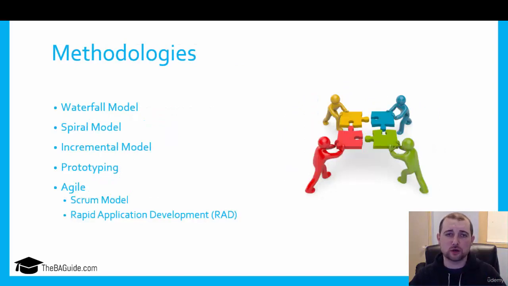So some of the methodologies we're going to talk about are the waterfall methodology, spiral methodology, the incremental model, prototyping, and then two different agile methodologies, the Scrum model and the rapid application deployment, also known as RAD. So those are the key methodologies we're gonna touch on and make sure you have a good understanding of.